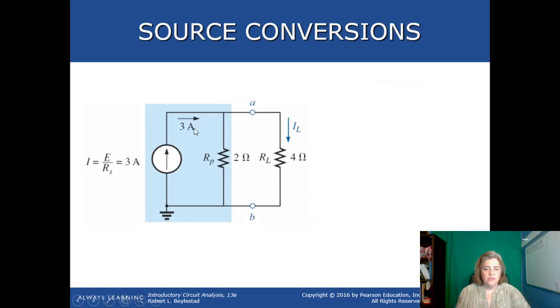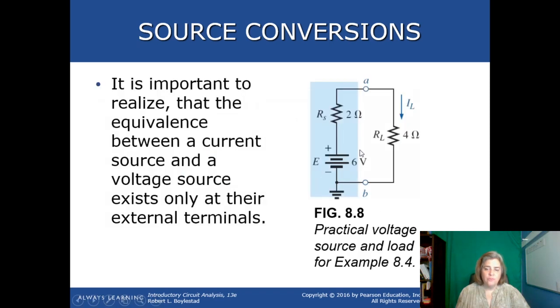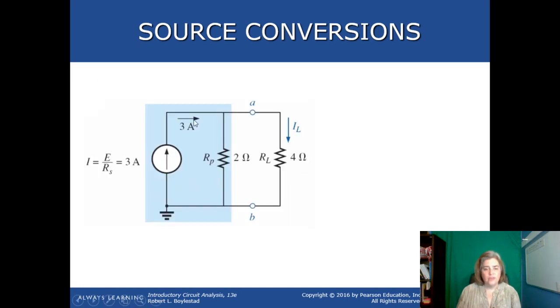So here is our equivalent current source. We get that by taking the 6 volts and dividing by 2. That's just Ohm's law, right? I is equal to E over R. So 6 divided by 2 is 3 amps, and then we need that 2 ohm resistor right here in parallel. So again, your voltage source has a series resistor and your current source has a parallel resistor.